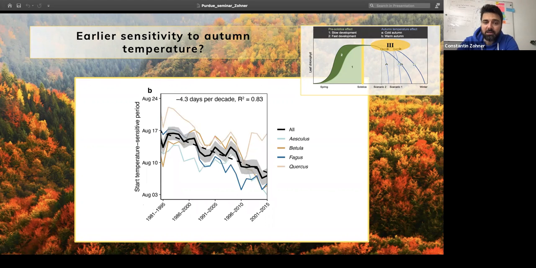And if we do that, we actually see that the start, what we model as the start date of when plants become sensitive to autumn temperature, has been advancing over recent decades, which really indicates that yes, plants tend to become sensitive to autumn temperature earlier.